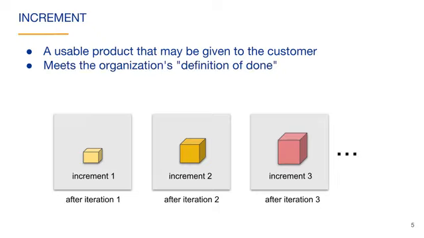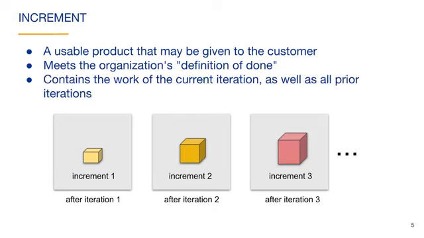This includes quality and security standards, as well as other organizational requirements, such as requiring documentation for each feature. Each increment contains the work of the current iteration, as well as the work of all prior iterations. In other words, an increment is the complete state of the product after an iteration.